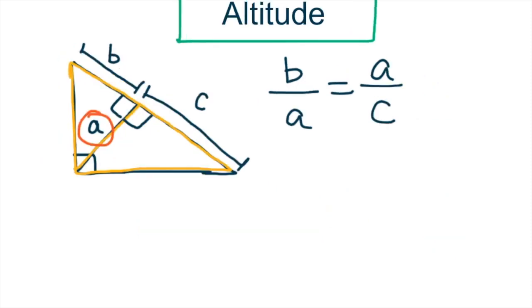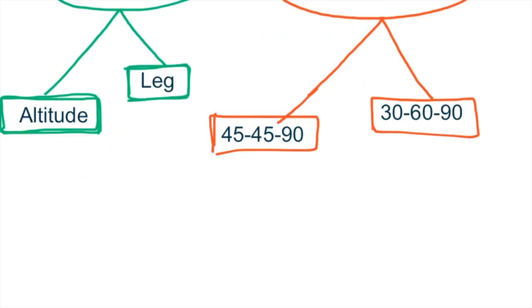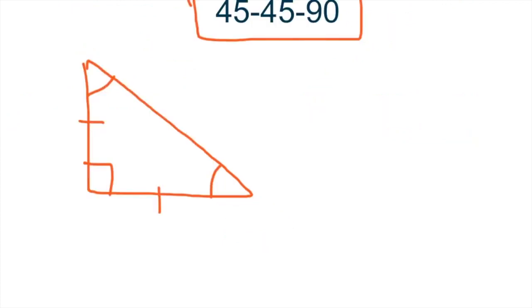So now we're going to jump to special right triangles. And we're going to start with the 45, 45, 90, which just means that the triangle is an isosceles right triangle with two 45-degree angles and one 90-degree angle. And since it's isosceles, we know that the two legs are always going to be equal.